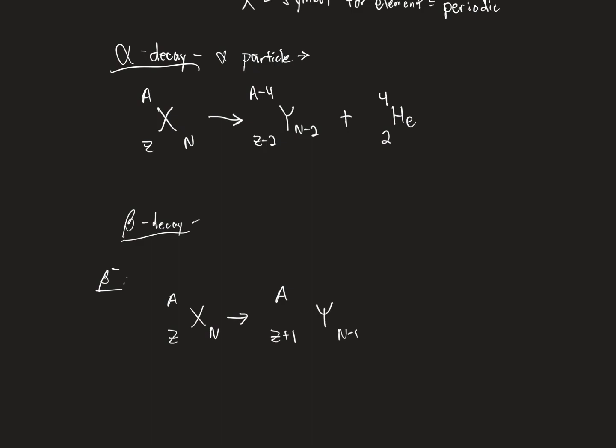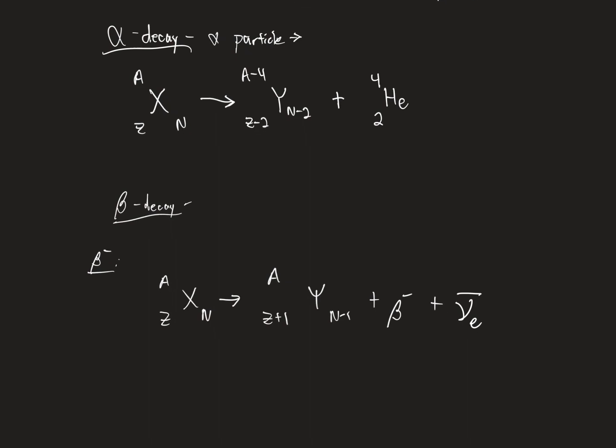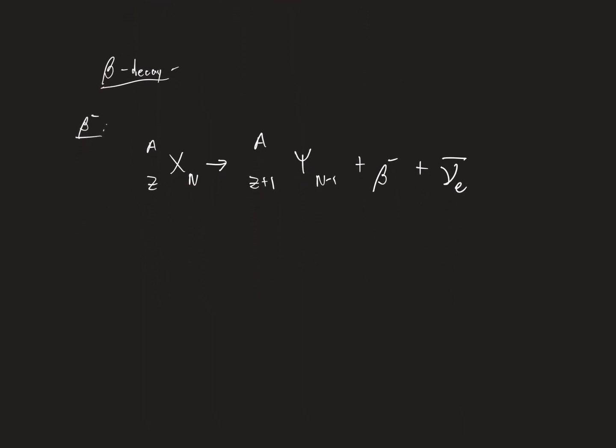You lose a neutron, plus a beta particle, plus this thing right here. Do we know what that is? It's an atomic physics particle. That is something called a neutrino. That is an anti-electron neutrino. Every second, there are billions of neutrinos flying right through your face. Right now, a billion neutrinos just flew through your face. Good. So we got this beta minus decay.